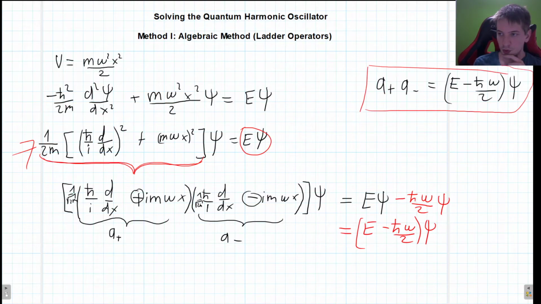So now we saw what happens when the first one multiplied the second one, but let us now take a look at what happens the other way around. So basically, we had A plus, A minus.